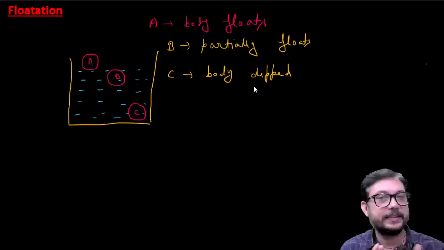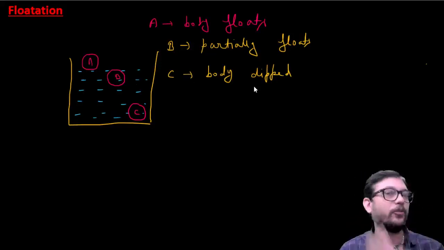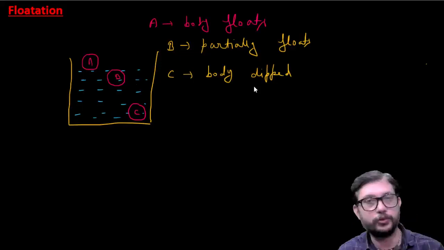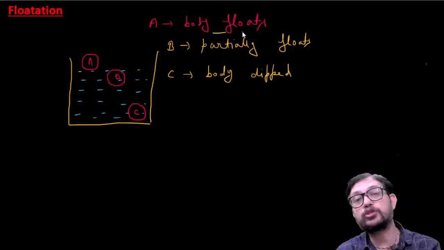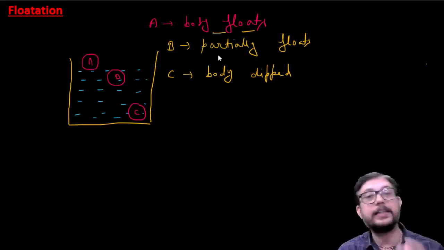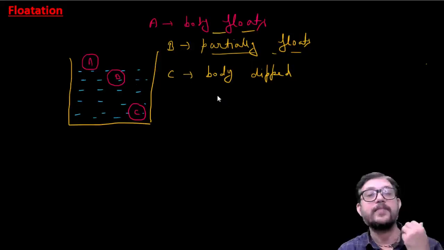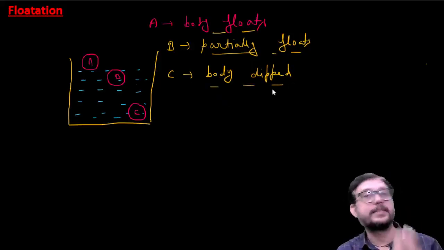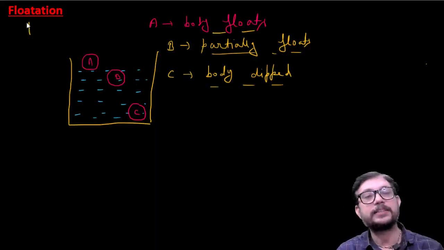So basically three conditions arise when you place any body in any type of liquid or fluid. Why does a body float on a fluid, partially float, or completely dip inside the fluid? This is called flotation.